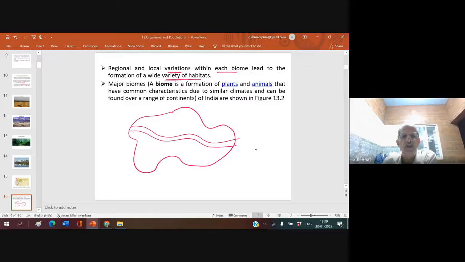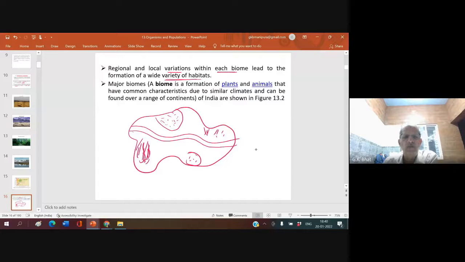Sometimes you come across some grasslands here and there. You may come across a thick forest in some places, and very sparsely placed trees in other places.